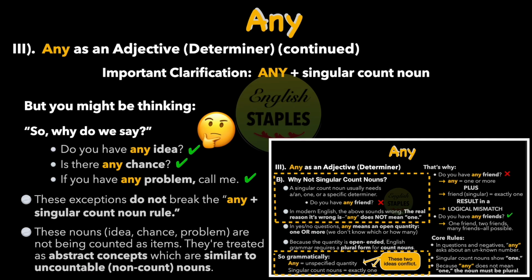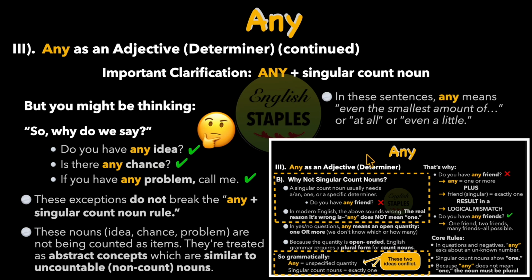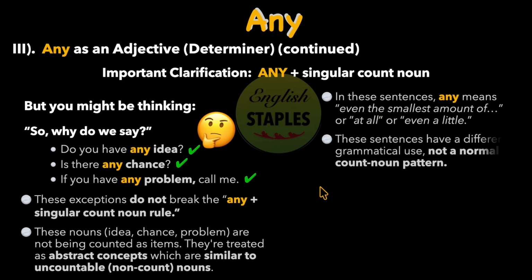Do you see this? In these sentences, any means even the smallest amount of, or at all, or even a little. These sentences have a different grammatical use, not a normal count noun pattern.